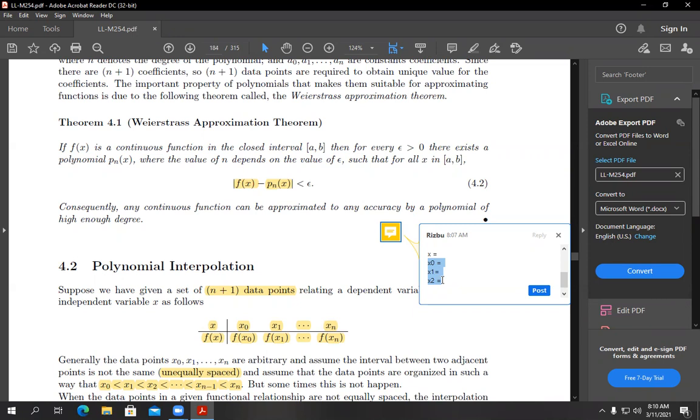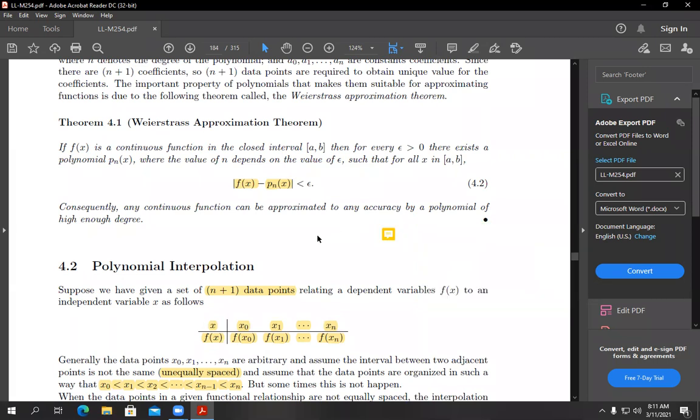Before you select the 3 points, you must know what x is at which you are looking for the interpolation. According to that x, you have to choose 3 points which must be close to each other and x must be inside. If you have degree 3, you need 4 points, degree 4 needs 5 points, and continue like that. So those are the important things, the point information we need here.